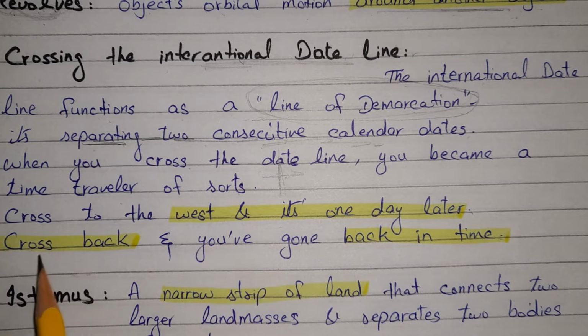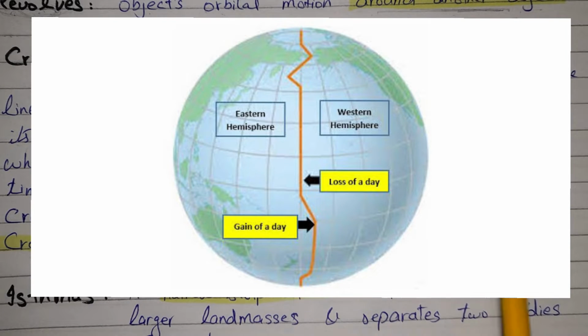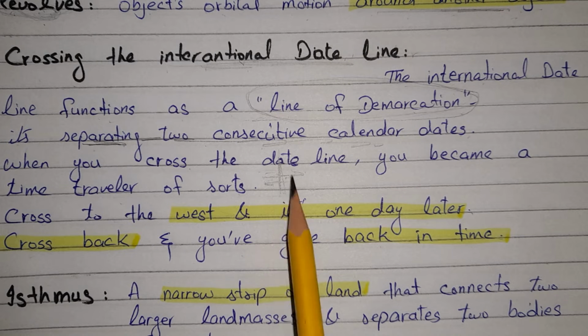So, when you cross back, you have gone back in time. If again you cross back the line towards the east, then you will again enter into Wednesday. And if you move forward, then you will enter into Friday. One day will be skipped. Thursday will be skipped. So keep in mind.